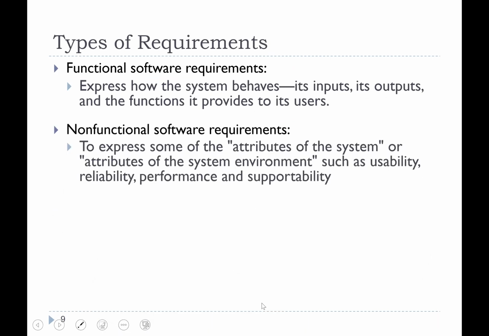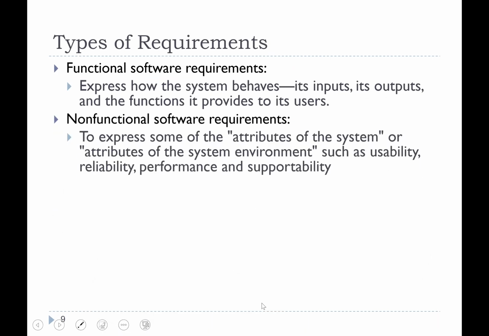Now, to the types of requirements. We have two different types of requirements, the first of which is called functional requirements and non-functional requirements. You can kind of split everything into those two. The functional requirements are the things that we ask the system to do in general.